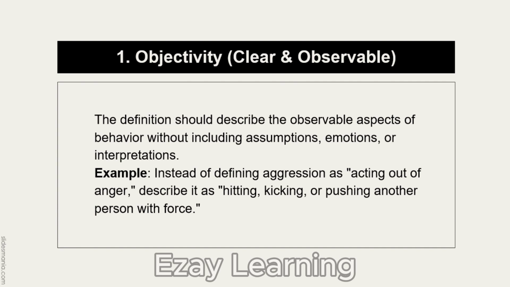For example, instead of defining aggression as acting out of anger, how can you assume that he is acting out of anger, or what the function behind the behavior is? You simply define it as hitting, kicking, or pushing another person with force. So you are providing the observable aspect, not the assumed or interpreted aspect.